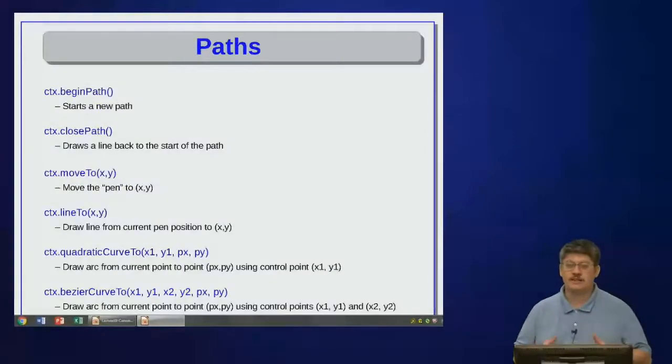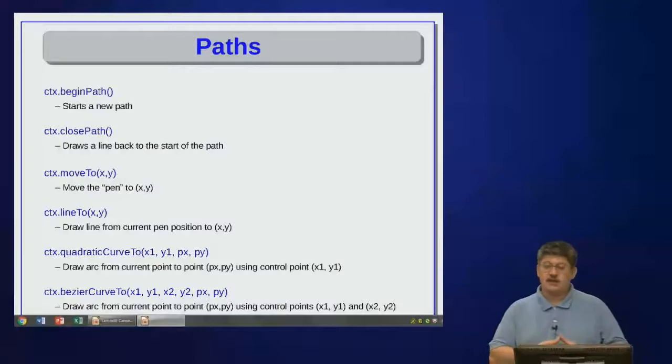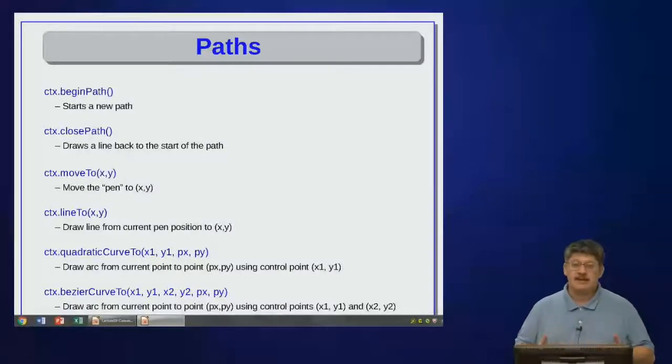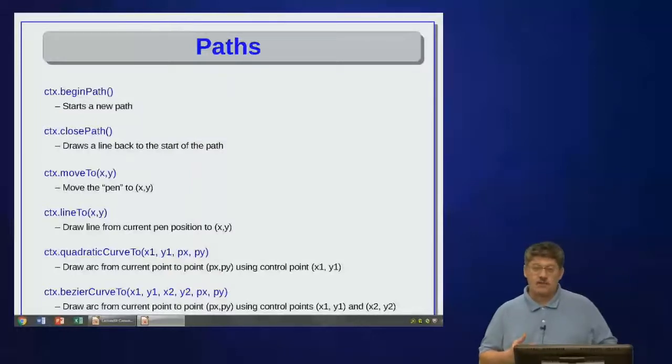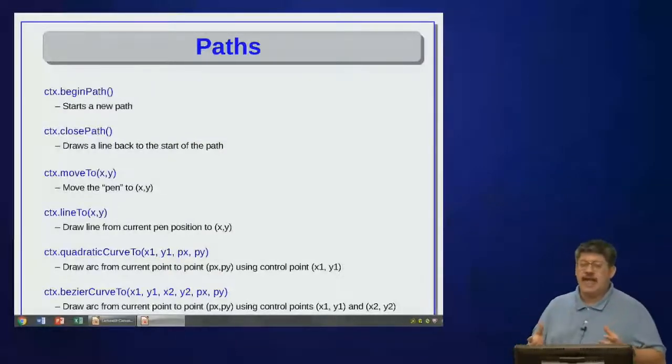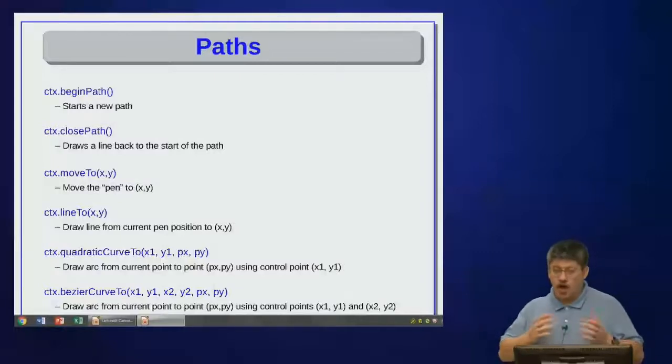So here are the methods that are related to paths. The first function is the most important. To begin a new path, I call beginPath. It turns out that if you want to draw multiple shapes, you have to begin a new path each time, or the canvas object will treat them all like one path, and it will apply the same styling to all of them.